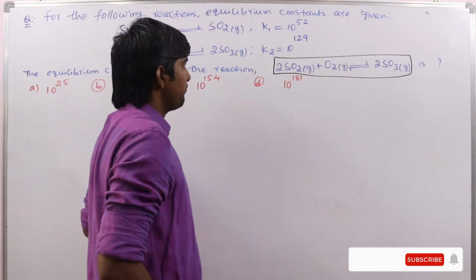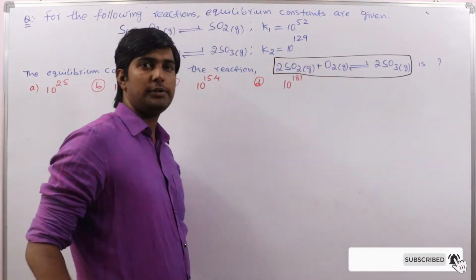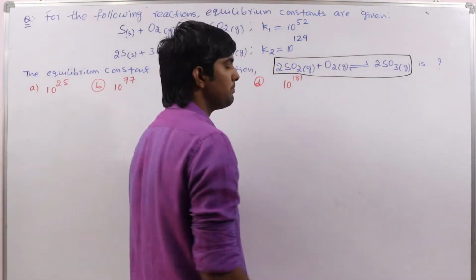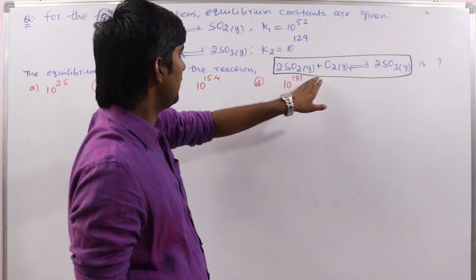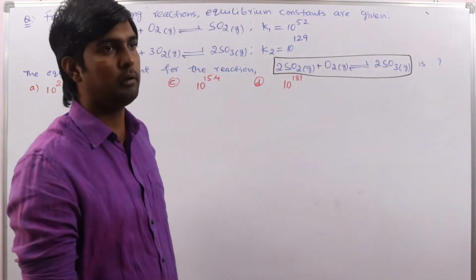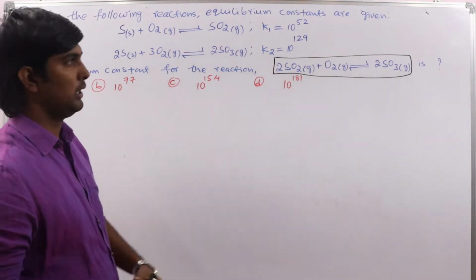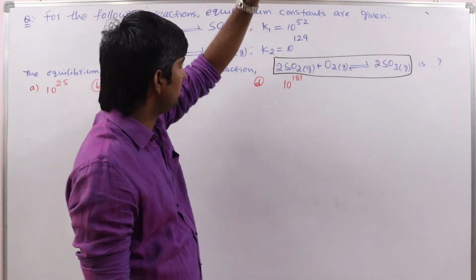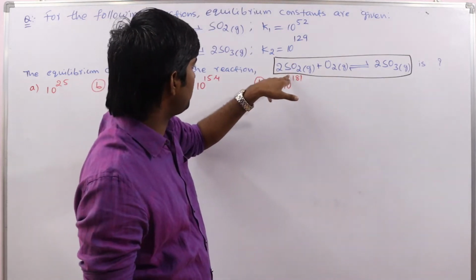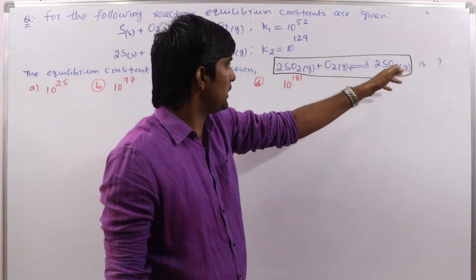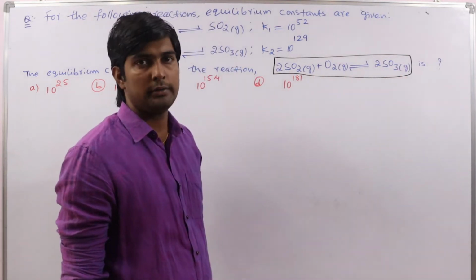In this type of problem, first you have to identify what species are present on the reactant side and product side in the reaction for which we have to calculate the equilibrium constant. In this one, we have SO2 and O2 on the reactant side, and SO3 on the product side.